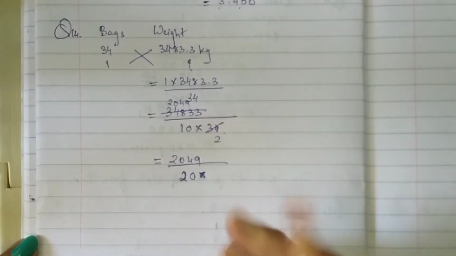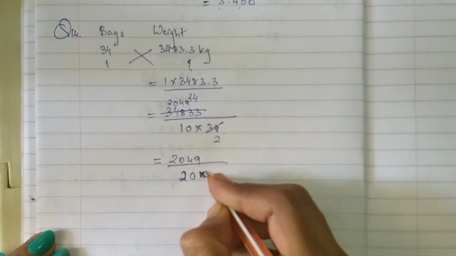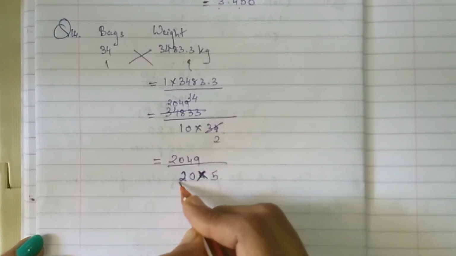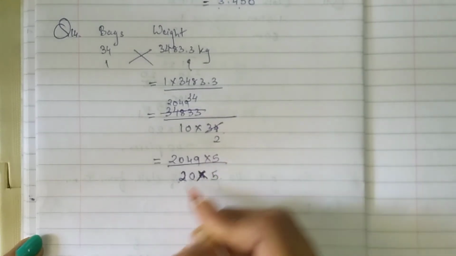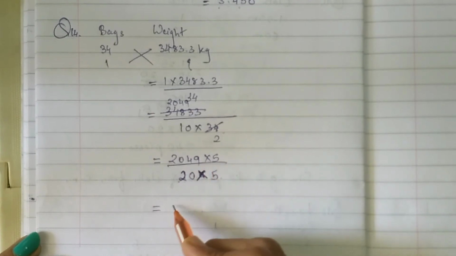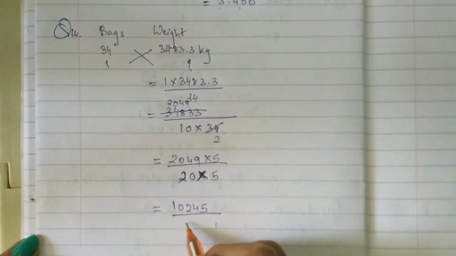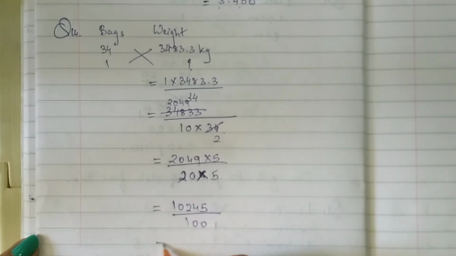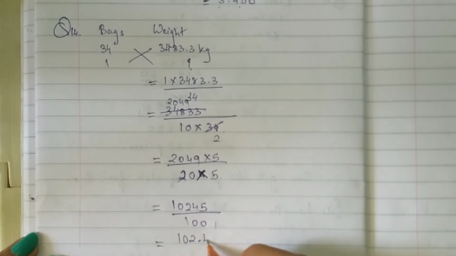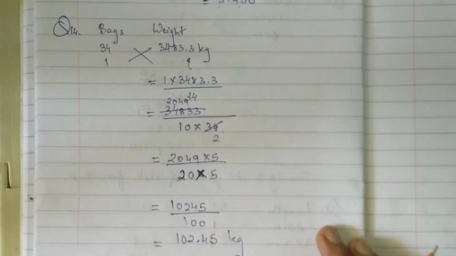Now here you can simply divide by 20, or you can multiply by 5, so it becomes 100, and you can simply put the point. Now 2049 into 5 is 10245 divided by 100. Here simply divide and put the point: 102.45 kg. So the weight of one bag is 102.45 kg.